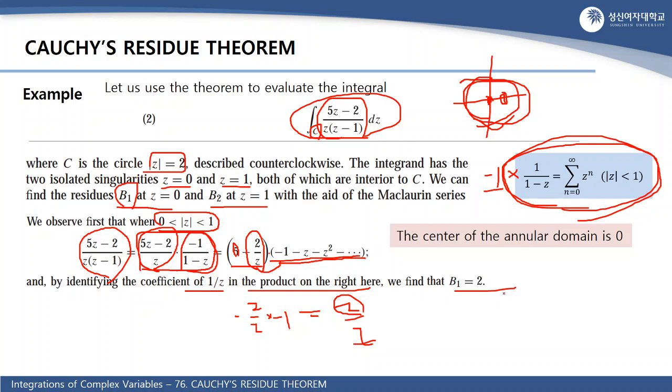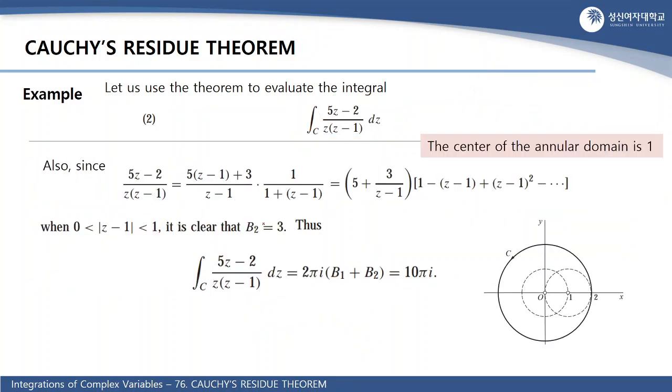Next, we compute B2, the residue at the point z equal to 1. In this case, we need to consider the expansion whose center is 1.